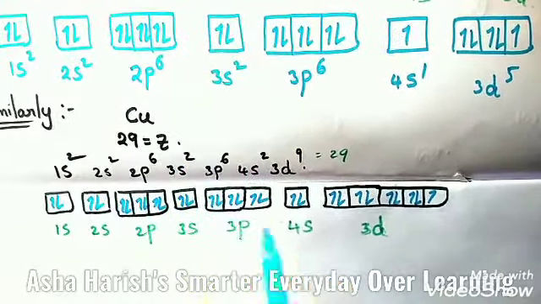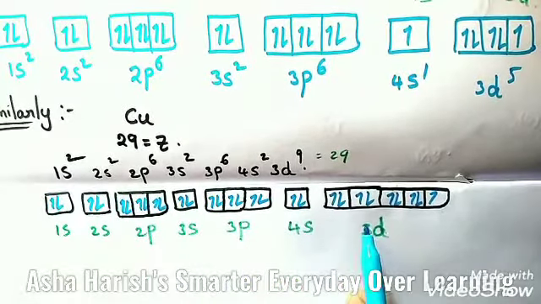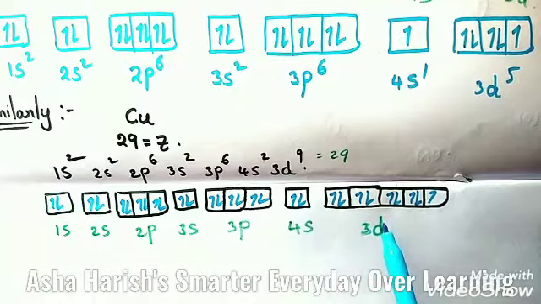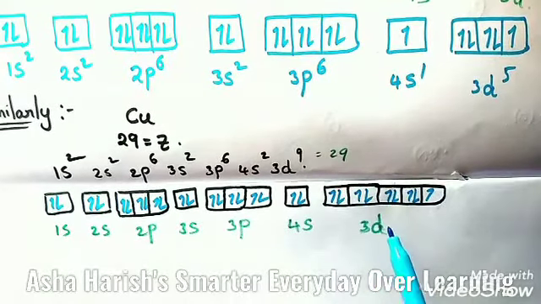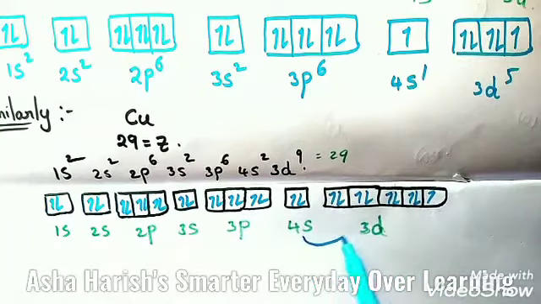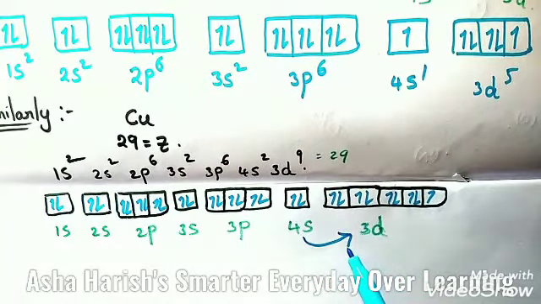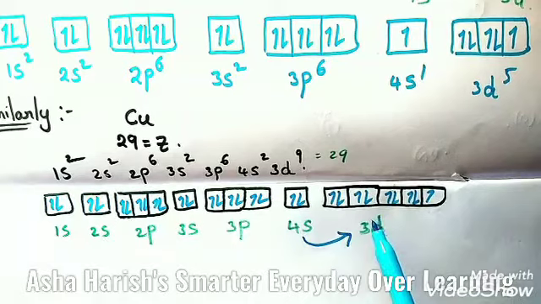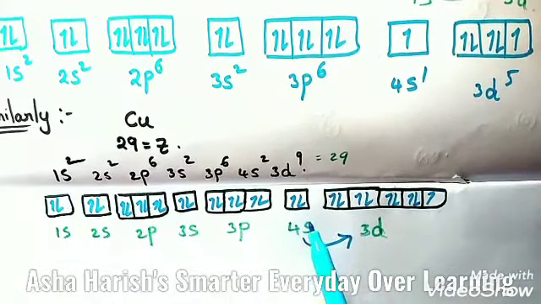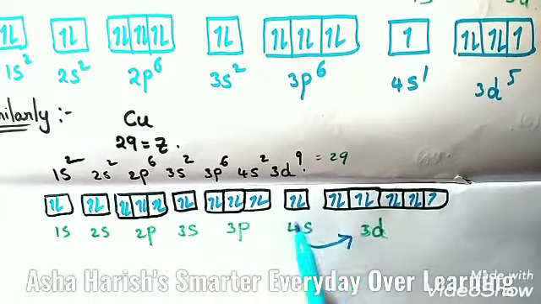But in this configuration, students, the distribution of the electrons in the 5 3d orbitals is not symmetrical. A shift of one electron from the lower energy 4s to the higher energy 3d orbital will make the distribution of the electrons symmetrical and hence will impart more stability.